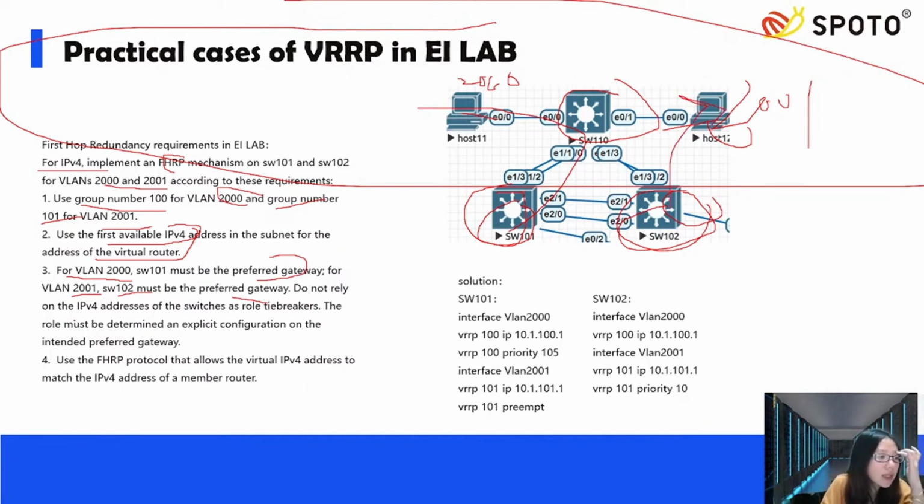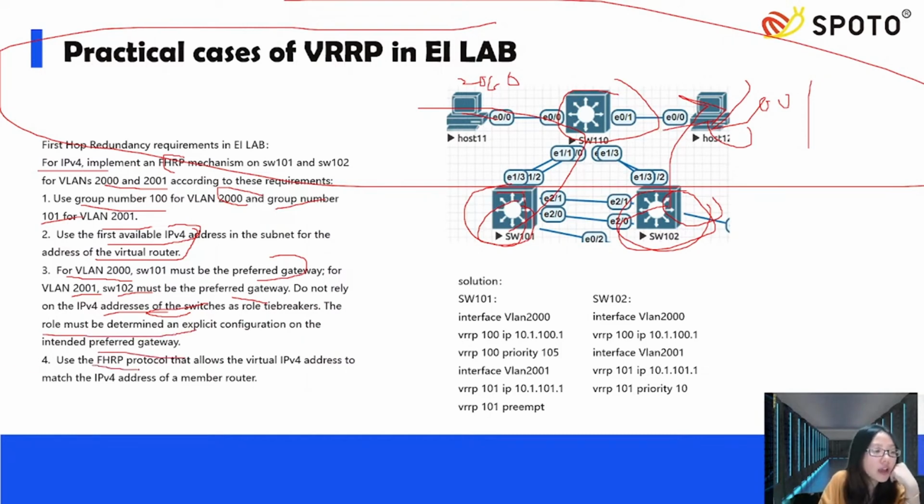Don't rely on the IPv4 IP address as your tiebreaker. So we can't use the interface IP address. We need to use the priority, right? The role must be determined by explicit configuration on the intended preferred gateway.